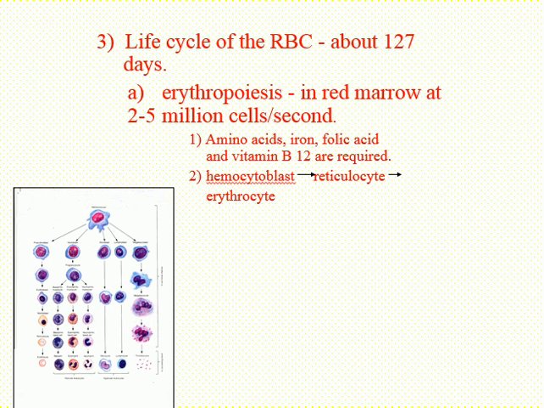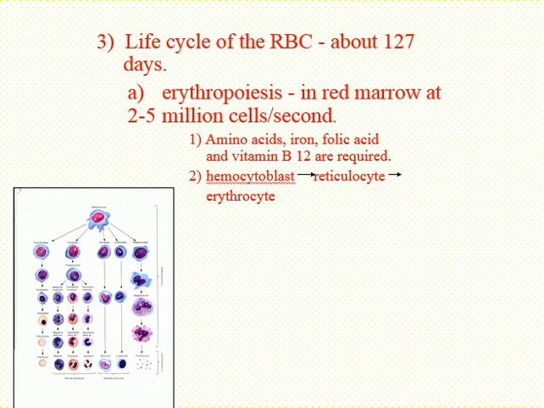The reticulocyte is important. It shows the breakdown of endoplasmic reticulum. I mention it because reticulocytes actually end up being in the circulation, in the blood, but they only last out there for about a day.